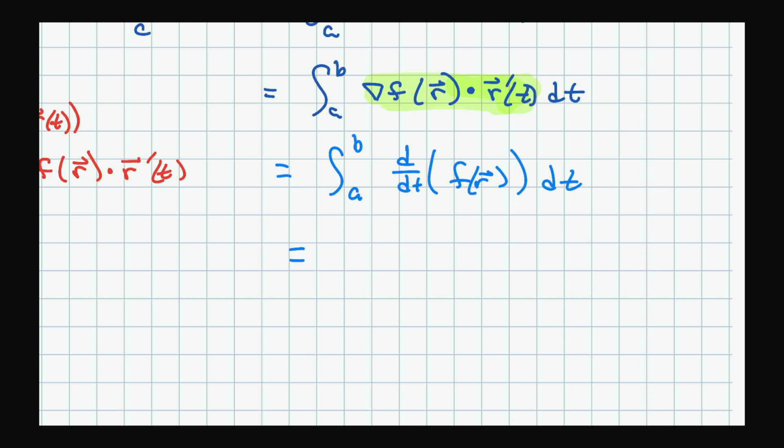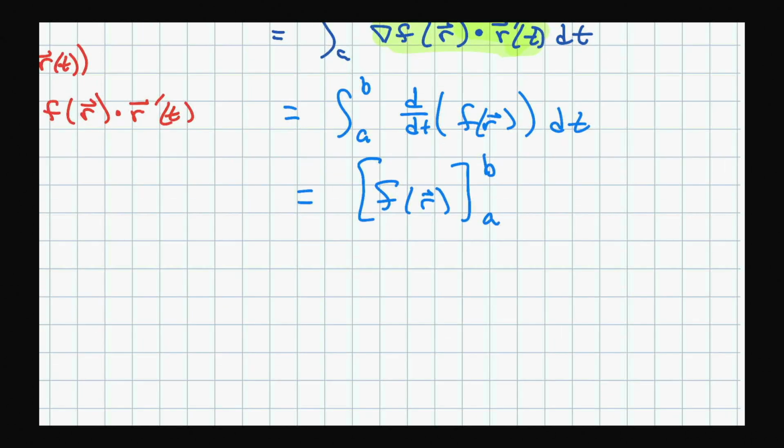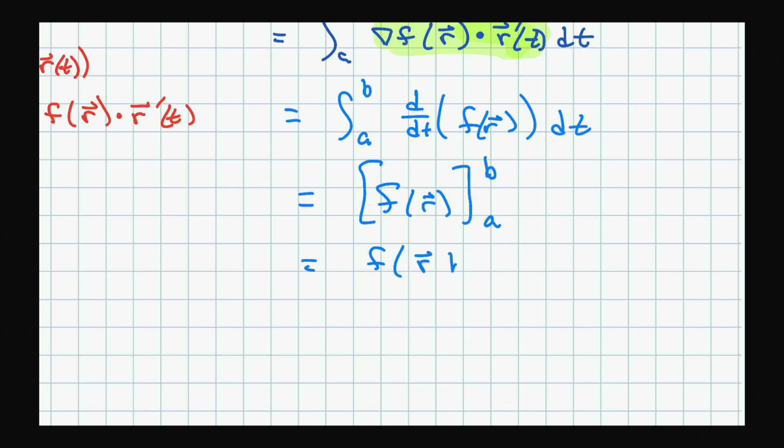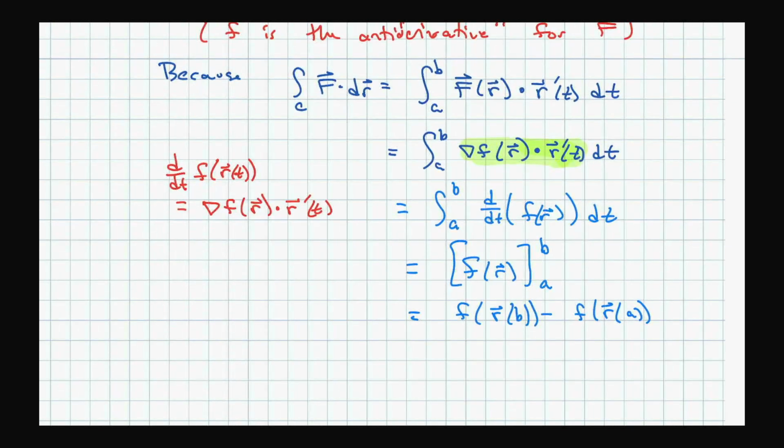So when you integrate a derivative, you just get back to the original function, but you've got to plug in your a and your b, and then you end up with f of r of b. I didn't write r of t there, but r was a function of t. And then minus, if you plug in the a, f of r of a. And so basically what I did here was the proof of the fundamental theorem of line integrals.